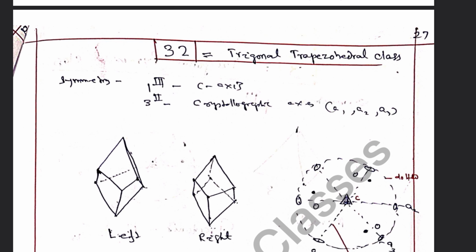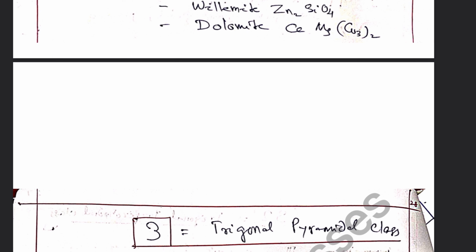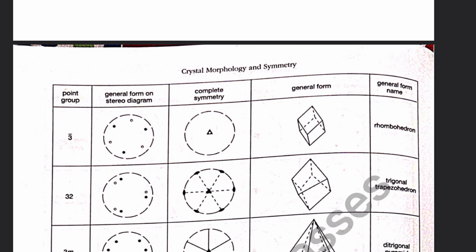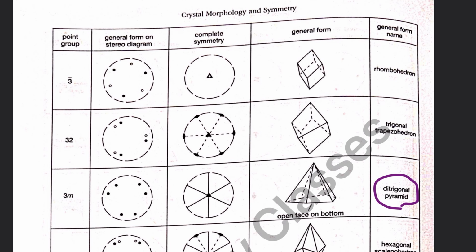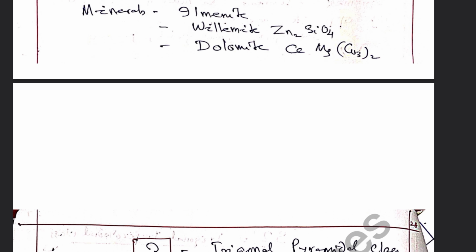Or, sorry, this will be ditrigonal pyramidal class. 3M will be ditrigonal pyramidal class, because there are 6 faces.